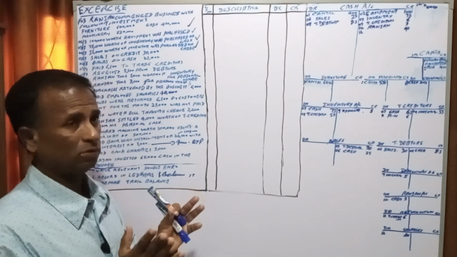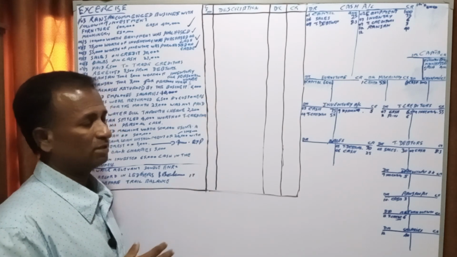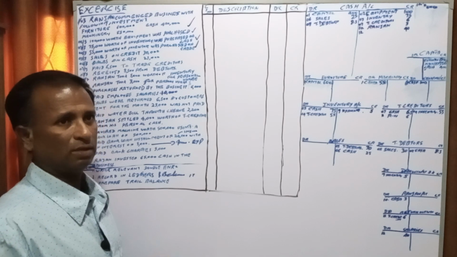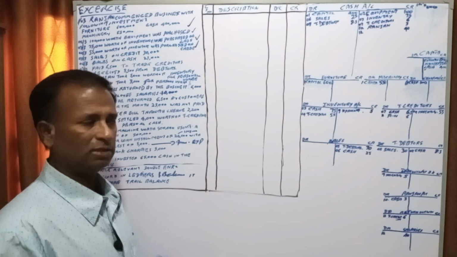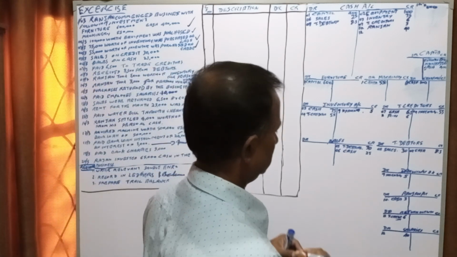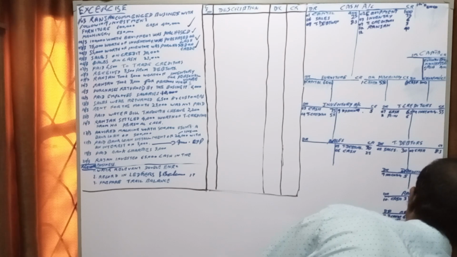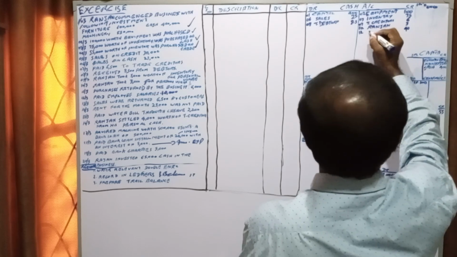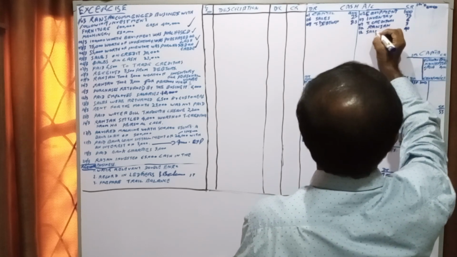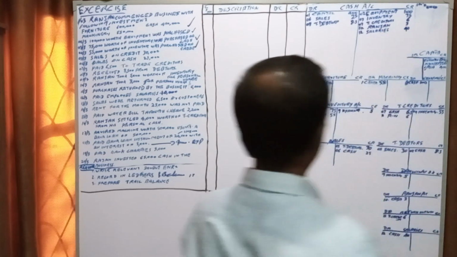Cash is going out, so cash has to be credited. Then salaries is an expense, so that has to be debited. Here we will say cash, here we will say salaries.